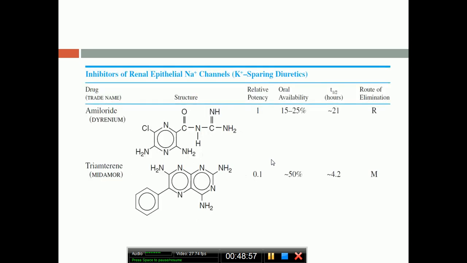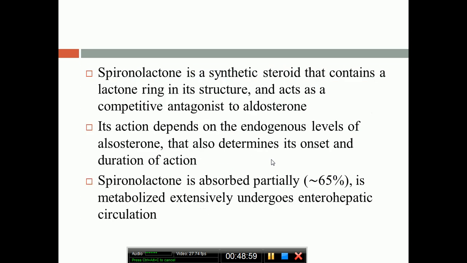These are the chemical structures. Spironolactone is a synthetic steroid that contains a lactone ring in its structure and acts as a competitive antagonist to aldosterone. So in a nutshell, aldosterone and spironolactone have a very similar structure, and its action depends on endogenous levels of aldosterone that also determines its onset and duration of action.